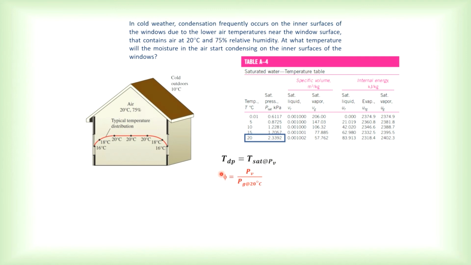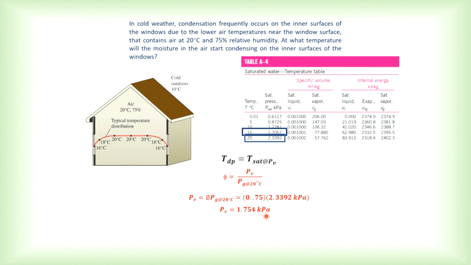When you multiply these and change P_V to be the subject, you get a P_V of 1.754 kPa, which is less than this value. That is why we say this is the partial pressure of water vapor when it is not saturated.